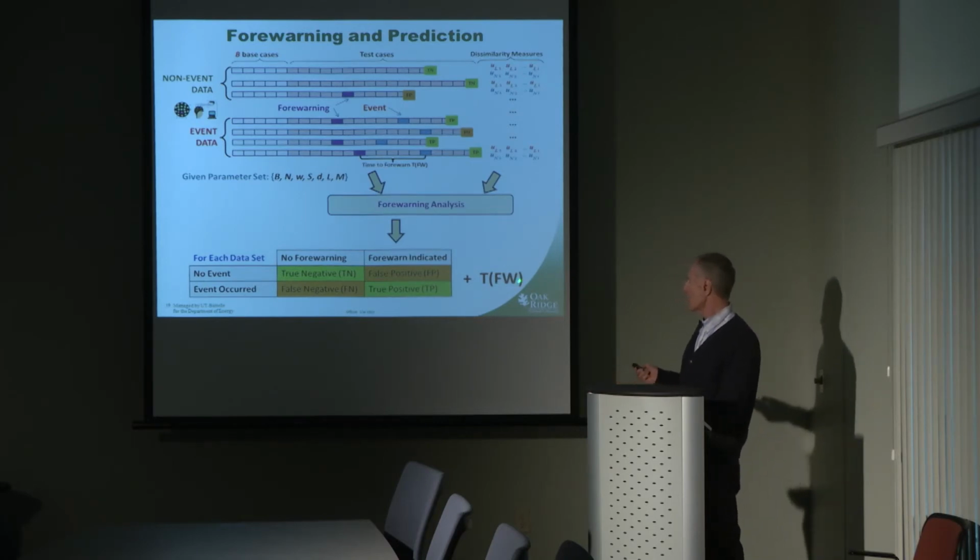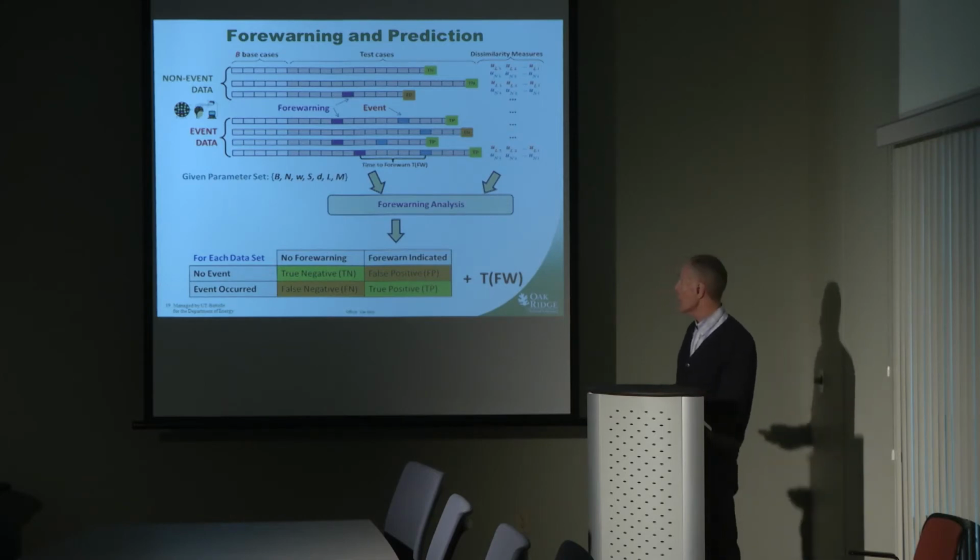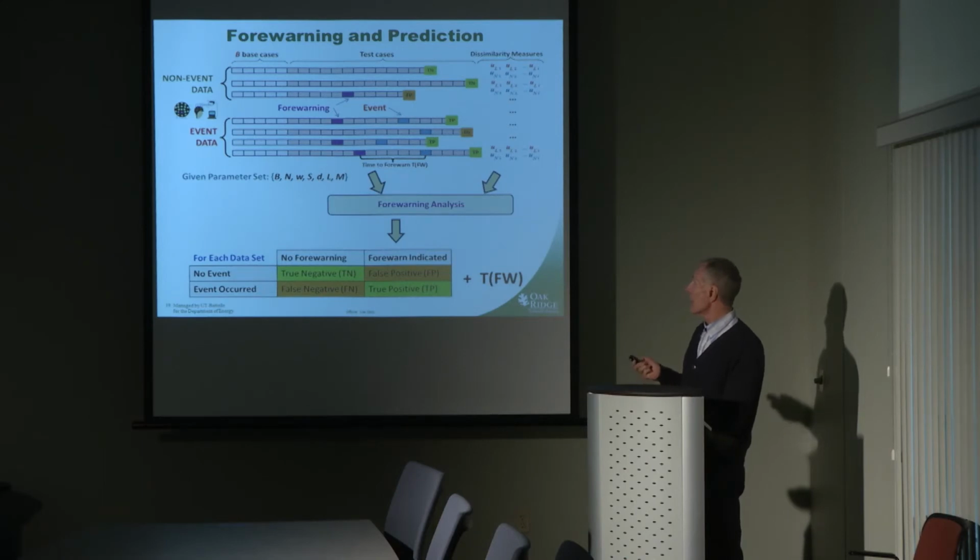With this analysis, we also get the forewarning time. The purple locations are when there is an indication of forewarning. The blue is when the event occurs, and the difference between the purple and the blue is the forewarning time, which we tabulate.